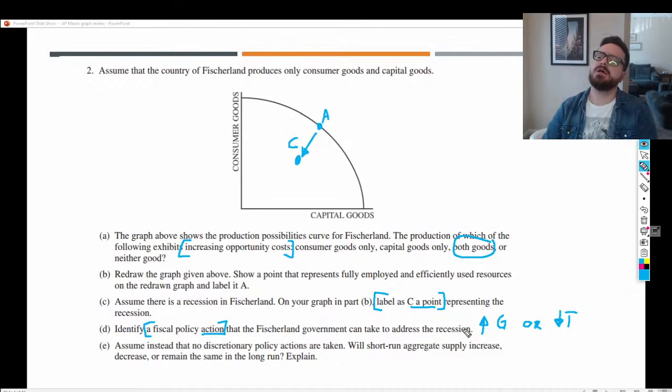And then E, assume that no discretionary policy actions are taken, meaning the government isn't choosing to do anything. Will SRAS increase, decrease, or remain the same in the long run? We're going to get to this later, but let's show it now to prepare you for what is usually one of the hardest things for kids to deal with in the class because it is inherently pretty complicated and isn't as pure logic as the rest of the class tends to be.